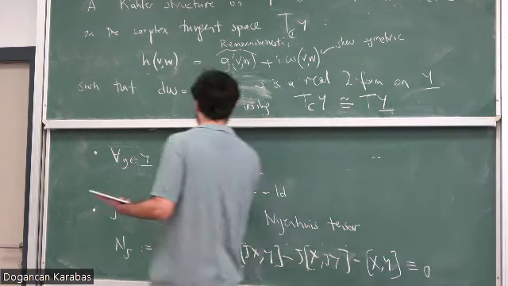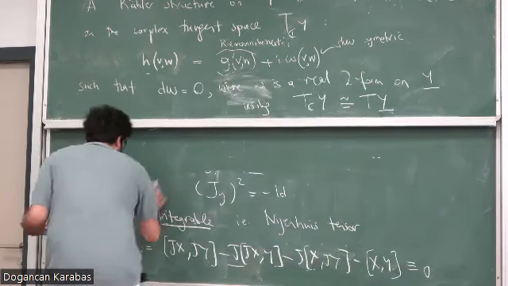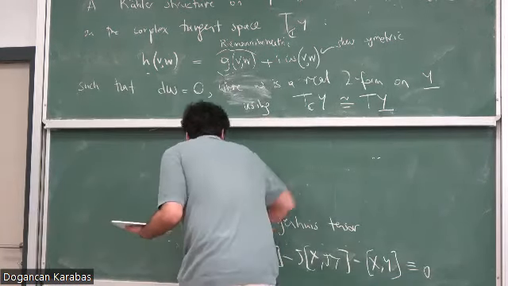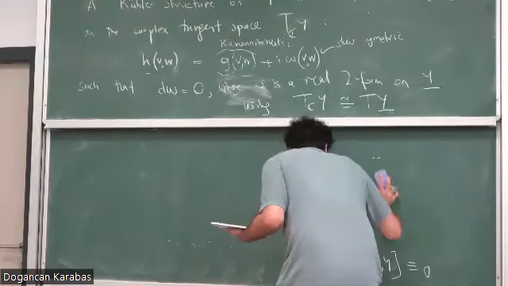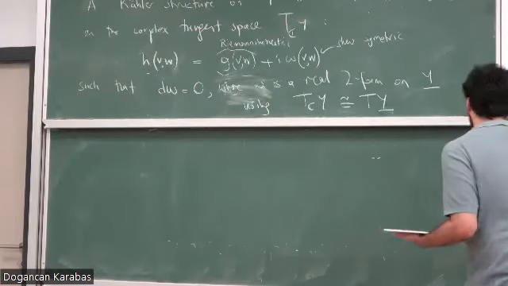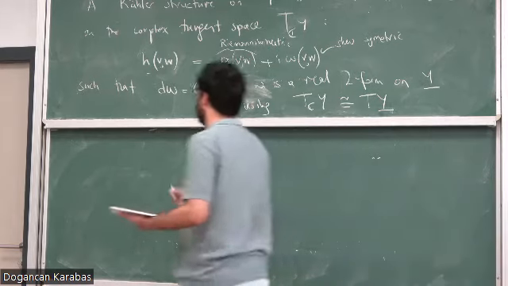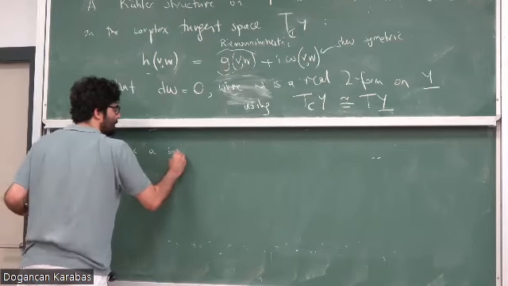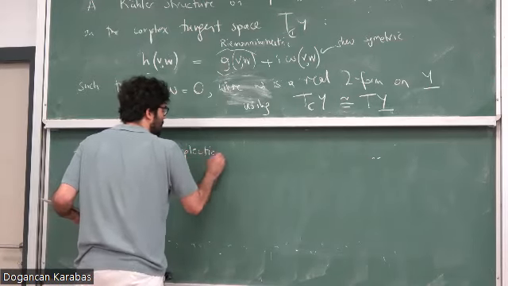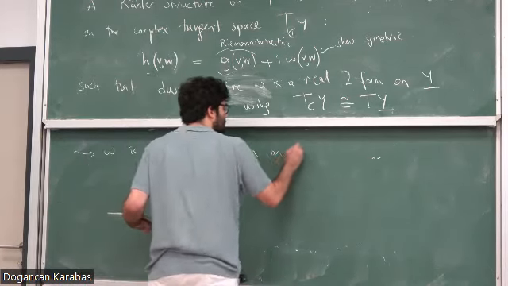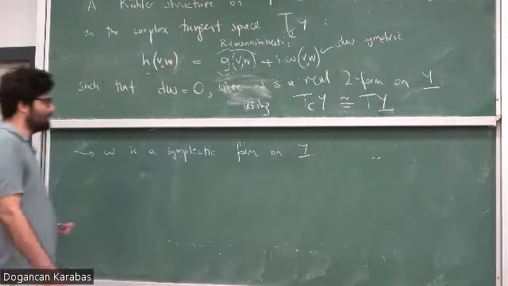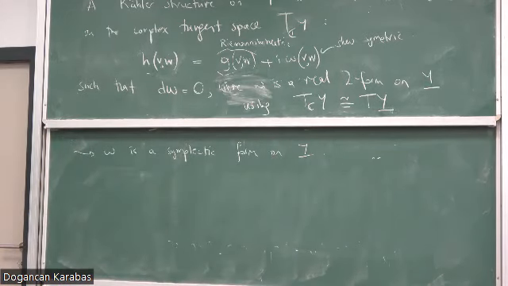A symplectic form on Y underline means it's a closed non-degenerate two form.